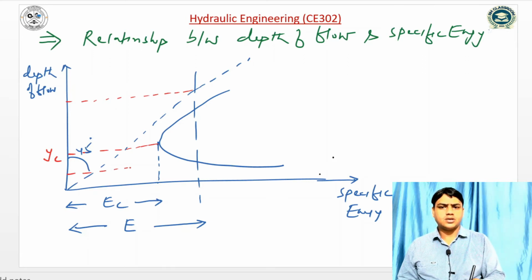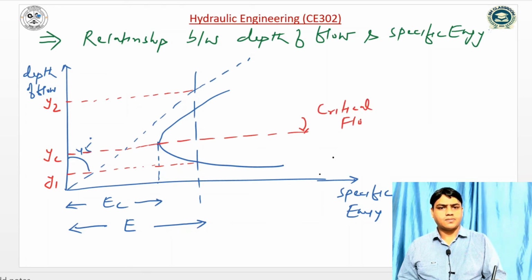We can see two depths where the specific energy is the same, and these two depths are called alternate depths. This is Y2 and this is Y1, and this is the critical flow. At critical flow our Froude number is unity.